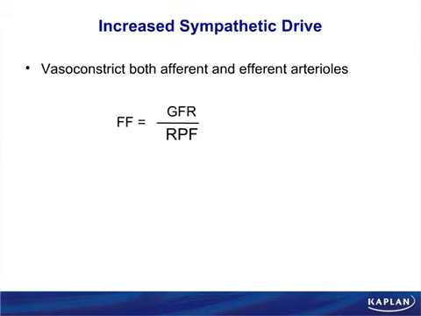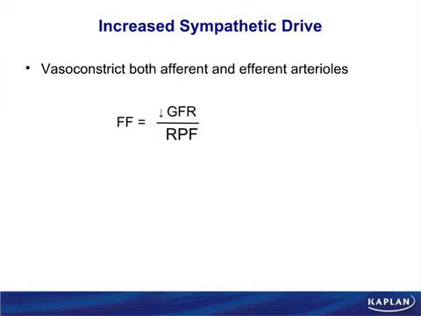Okay, so let's go back to filtration fraction. When you increase sympathetic drive to the kidneys, you vasoconstrict both afferent and efferent arterioles. So let's take a look at what happens here. GFR has to decrease. Why? Because you're vasoconstricting the afferent arterioles. So GFR has to decrease. Bottom line.